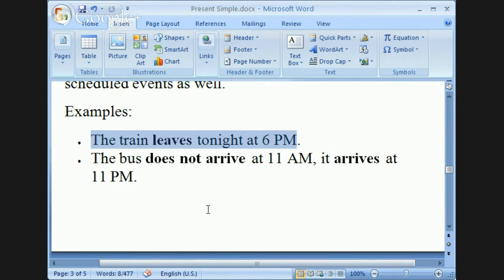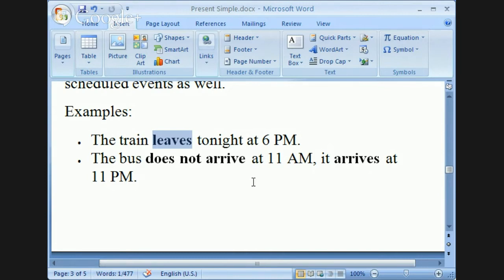The train leaves tonight at 6 p.m. Can I say the train will leave tonight at 6 p.m.? Of course. Yes, I can use simple future. Can I say the train is leaving tonight at 6 p.m., present continuous? Yes, I can, actually.